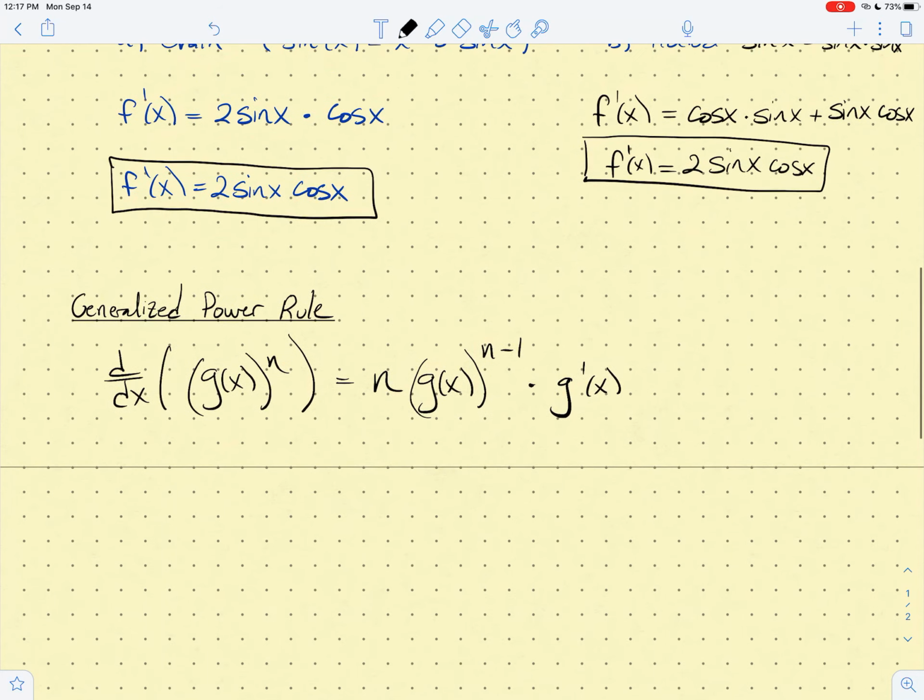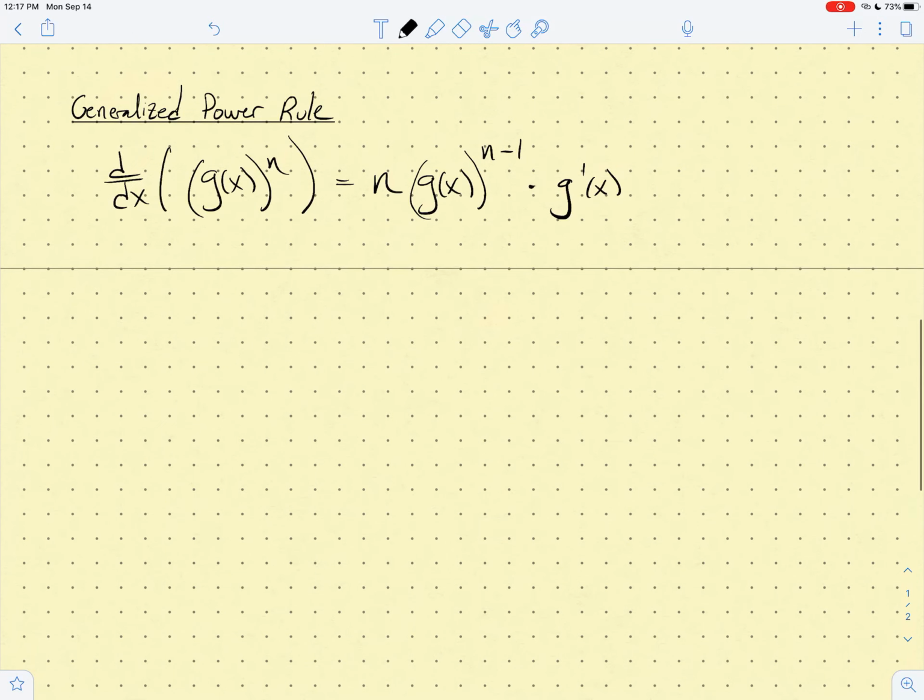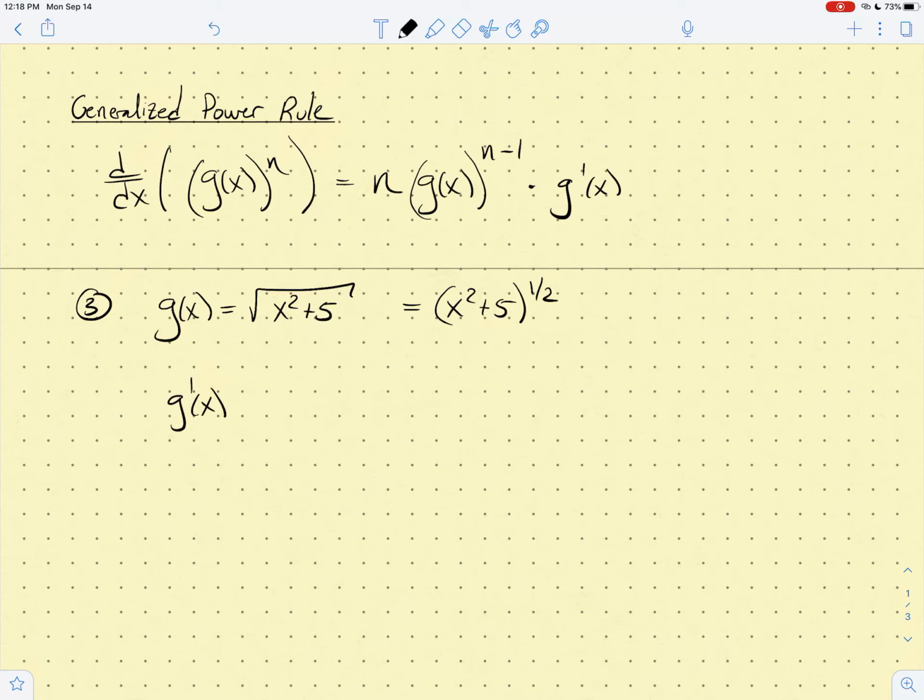So this is example number 3. Here we go. I want to consider the function g of x equals the square root of x squared plus 5. So I'm going to view this as x squared plus 5 all to the 1/2. And now I realize I can use the power rule on this, the generalized power rule. g prime is going to be: pull the 1/2 down.